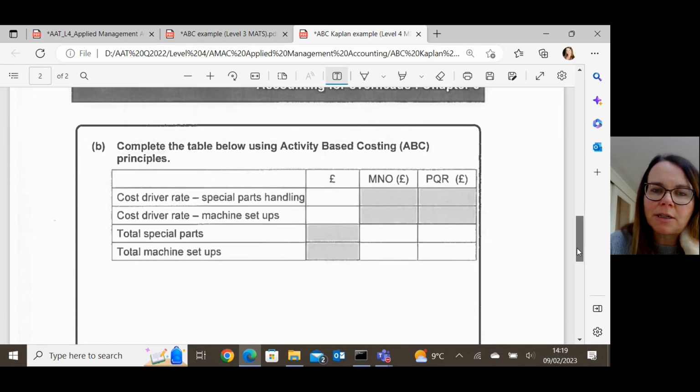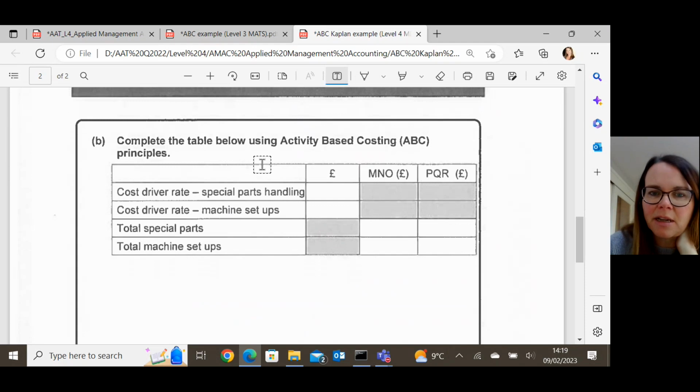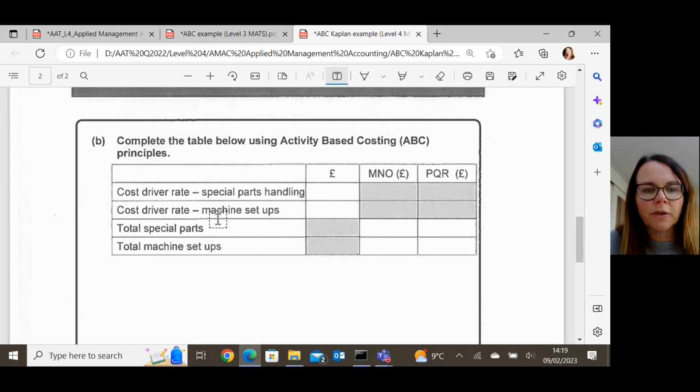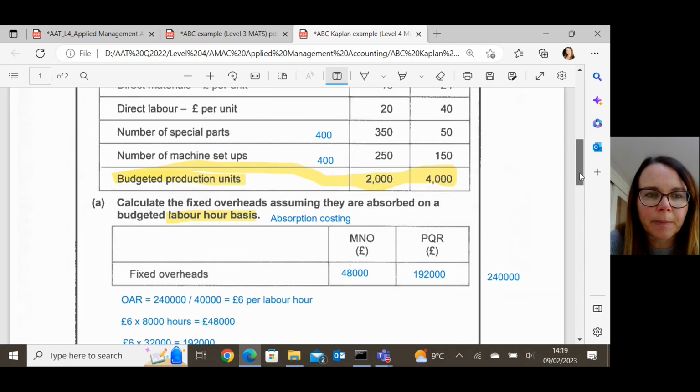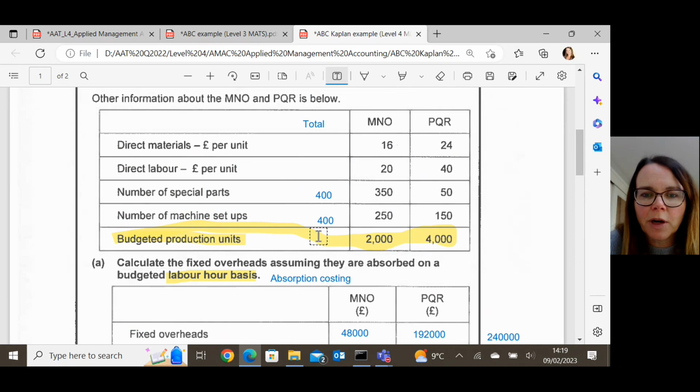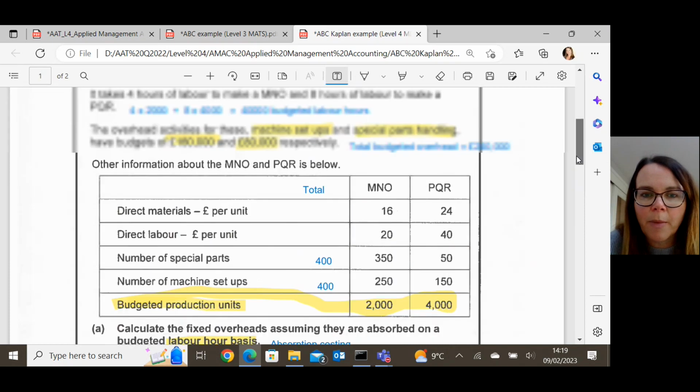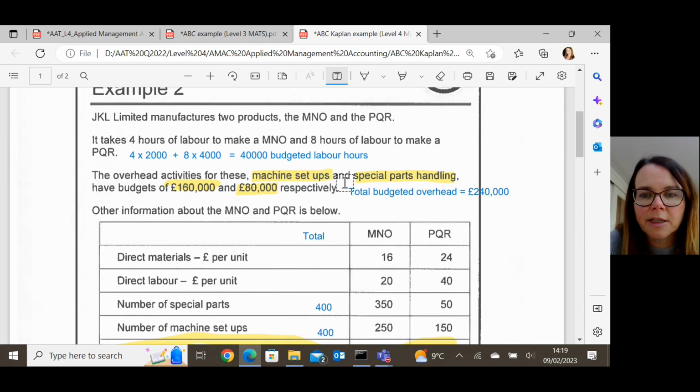In part B, we're asked to do the same, but using activity-based costing. It starts with the cost driver rate for special parts handling. We know there's 400 altogether, which we worked out here, and we know that the special parts handling was the £80,000, the second one.